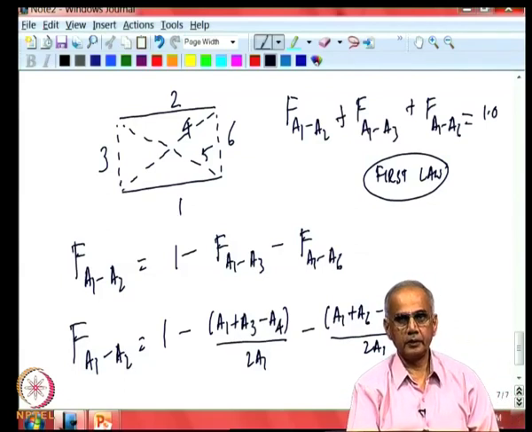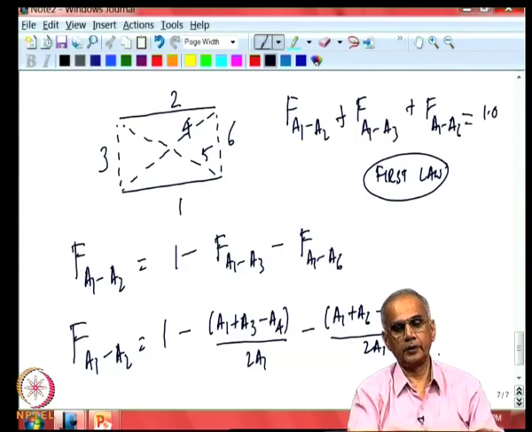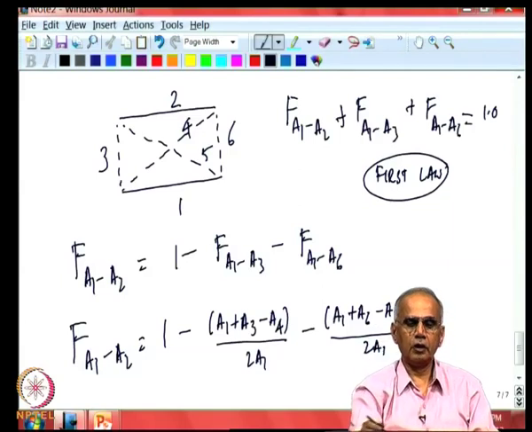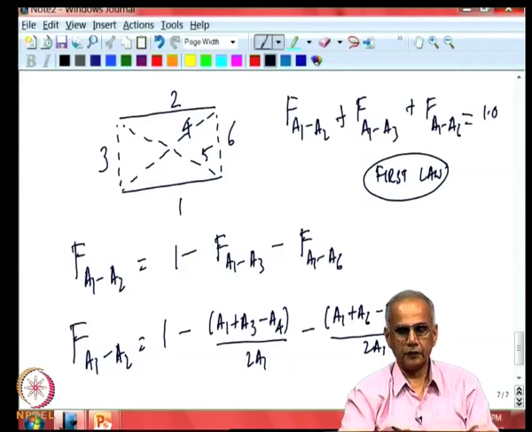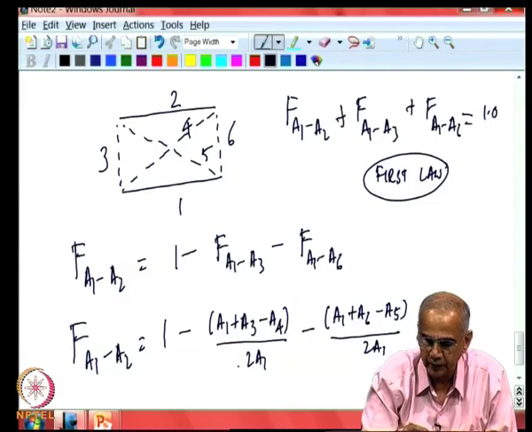So, we have been able to get the configuration factor between surface 1 and 2 in terms of just the areas of 1, 3, 4, 5 and 6, and these can be easily calculated, and since this dimension is infinite in this direction, all these are essentially lengths of various surfaces here. And you can see there is a minus half here, there is a minus half here, the one will cancel out.